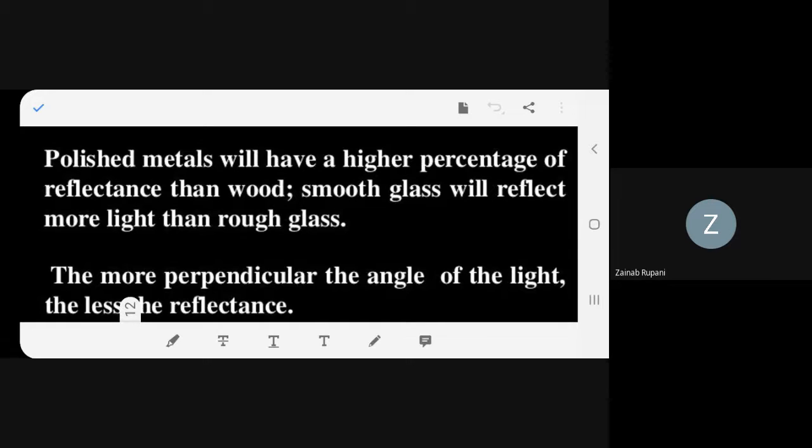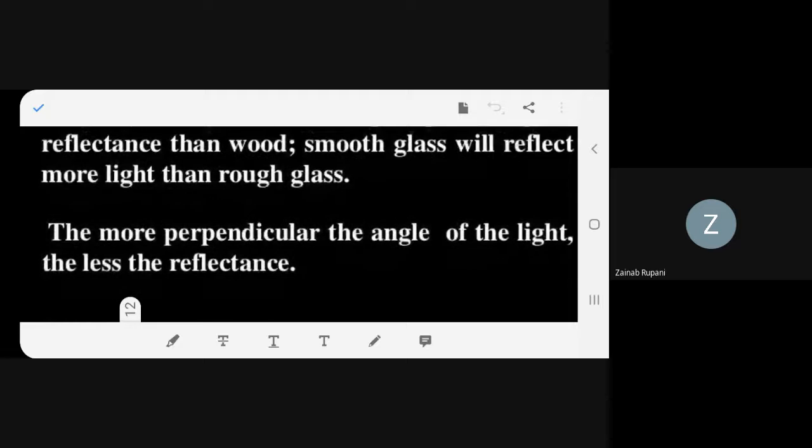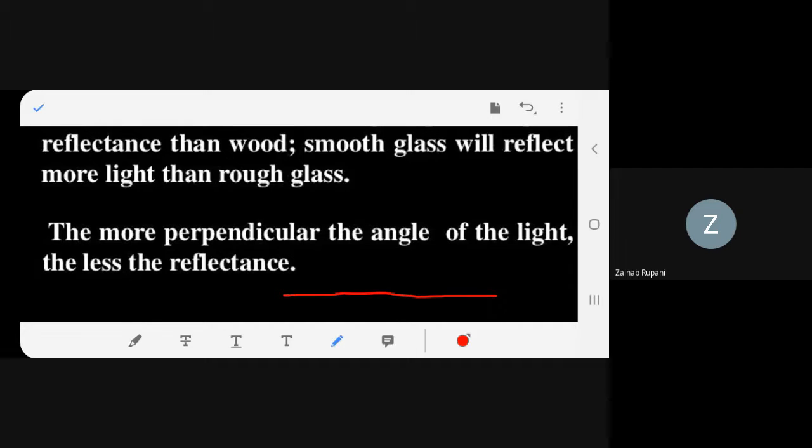So what is required for reflection? Smoothness. The surface has to be smooth for the best reflection. The more perpendicular the angle of the light, the less the reflectance. For example, this is a shiny surface.